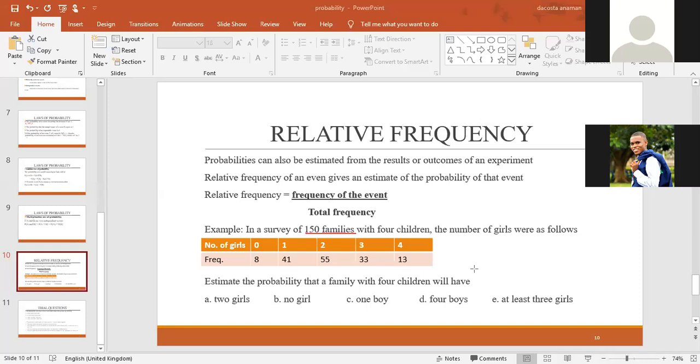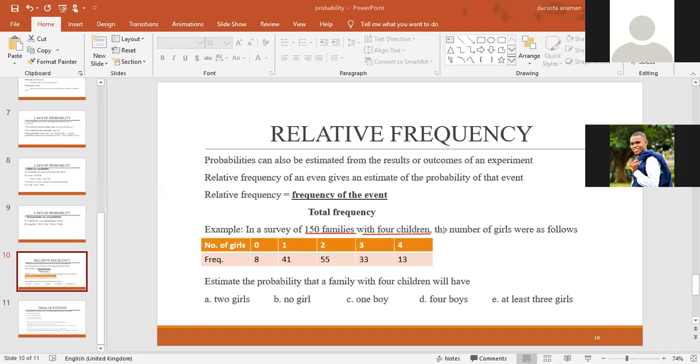Then we go to another family, we count them, they are 5. That's another family. So 1, 2, 3, up to 150 families were surveyed. The survey was for families who have 4 children. So if your children are more than 4, you are not part of that survey.